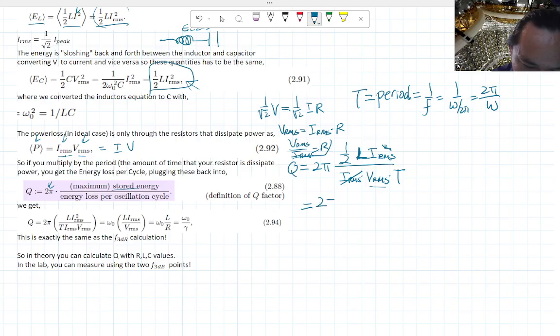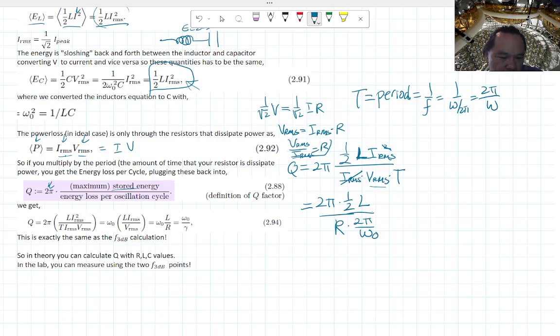All right, we still have the 2 pi times 1/2. You still have an L there. Now you have an R on the bottom, and the period is 2 pi over omega. And since we're concerned with the Q factor near the resonant frequency, this is actually going to be the resonant frequency. So the 2 pi actually goes away.